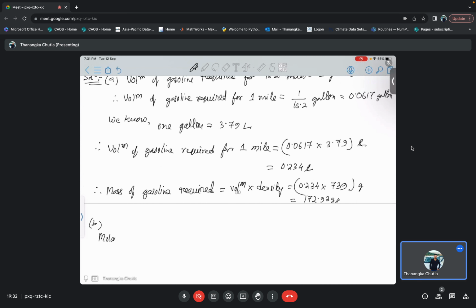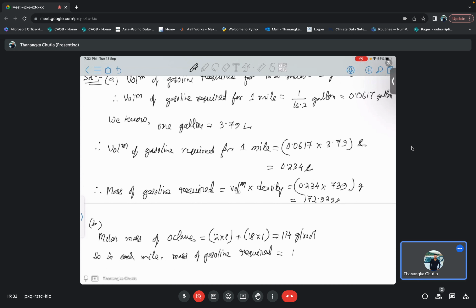molar mass of octane is equal to what? 12 into 8 plus 18 into 1, that is equal to 114 grams per mole. Okay, so in each mile, mass of gasoline required is equal to 172.93 gram.